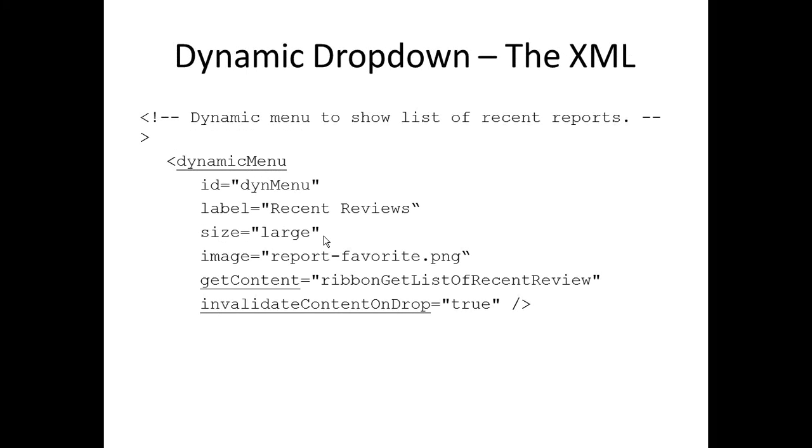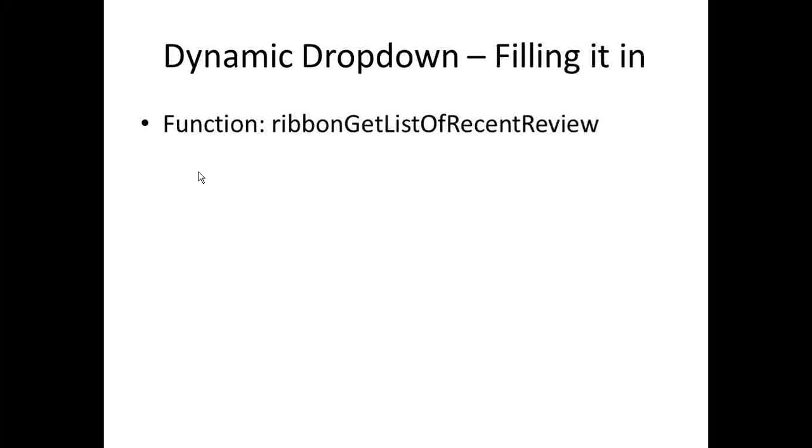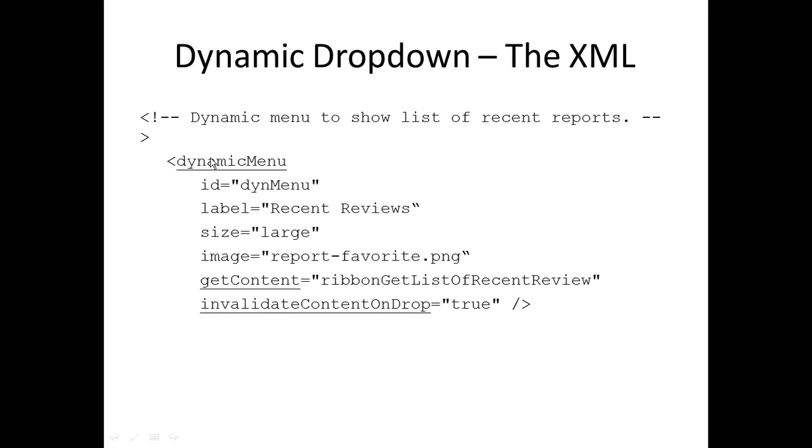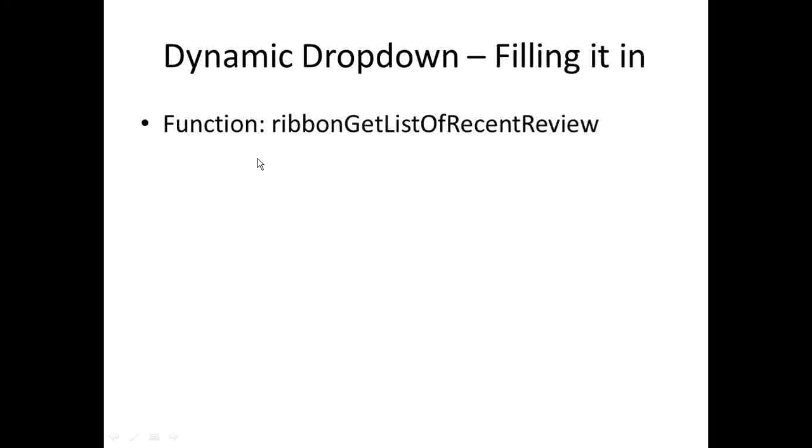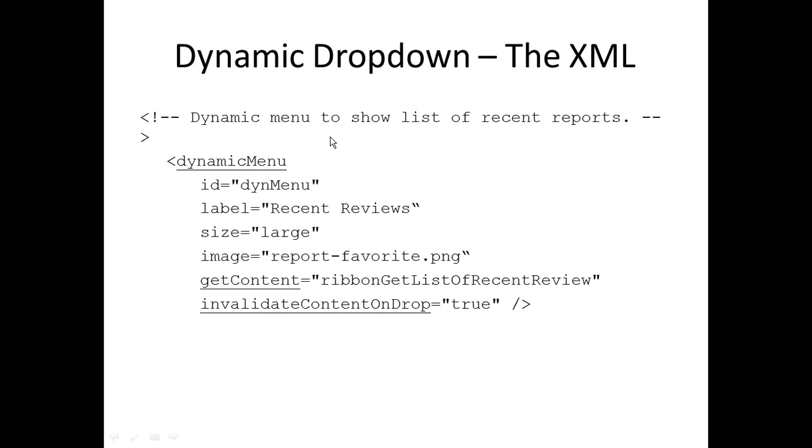So to make the dynamic dropdown, this is the XML. What you might want to notice is that instead of button, it says dynamic menu. It still has an ID, which has to be unique, and a label that we can make as we want.